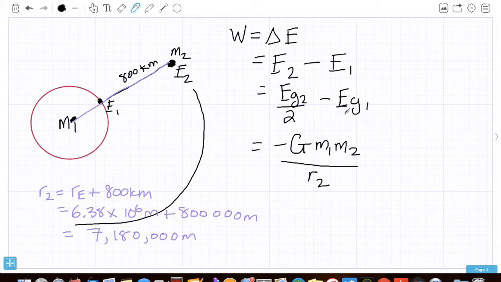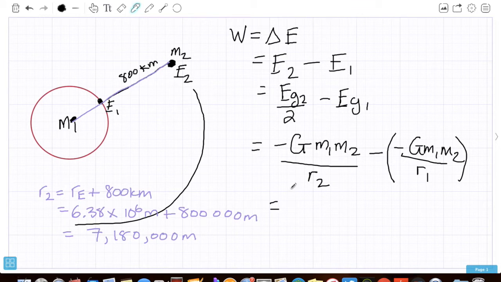Now we have a subtraction symbol right there, and we're subtracting Eg1 again. So that's negative G m1 m2 over R1 this time. Now R1 is just the radius of the Earth because when the object is on the planet's surface, that's how far it is away from where the mass of the Earth is concentrated mathematically.